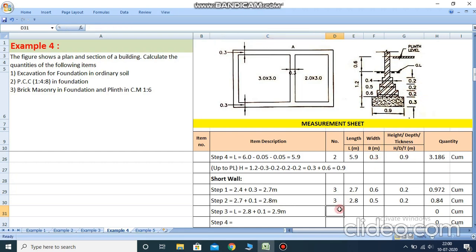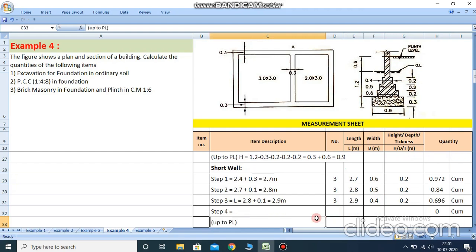Now we put the number 3 because there are 3 short walls. Then length is already calculated, 2.9 meter. Width is calculated as 0.4. It's the third step. So write here 0.4, and then thickness we calculated is 0.2. So see this 0.2. Clear? So total quantity is a multiplication of all these.